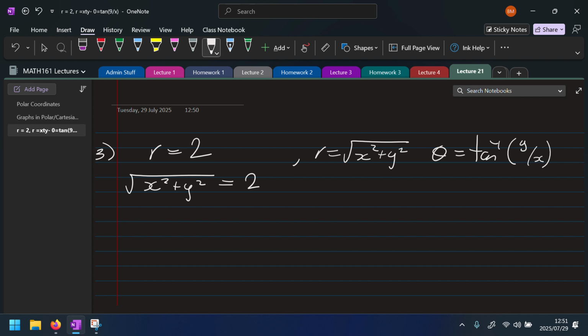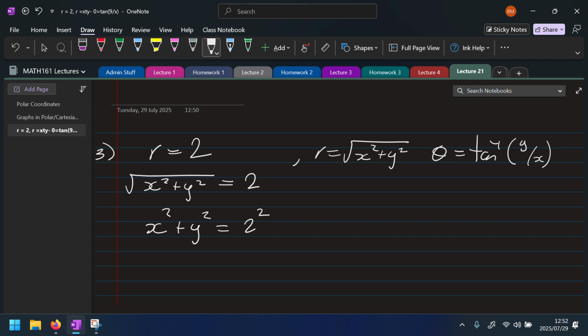Now we can square both sides. X squared plus y squared is 2 squared. What is that Cartesian form going to be? A circle. What's the radius? 2. Okay, it's a circle with radius 2.